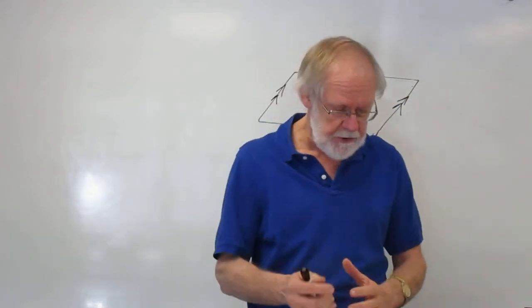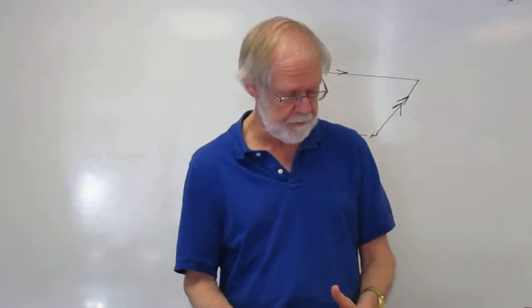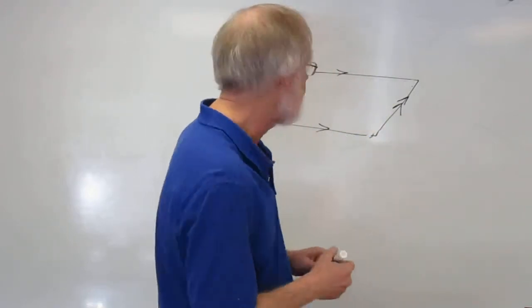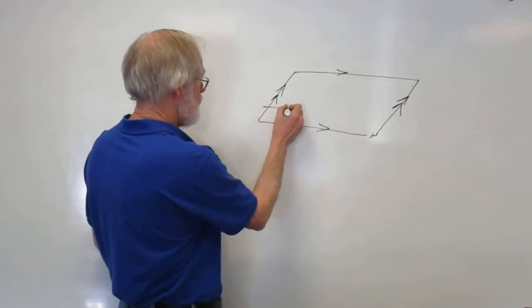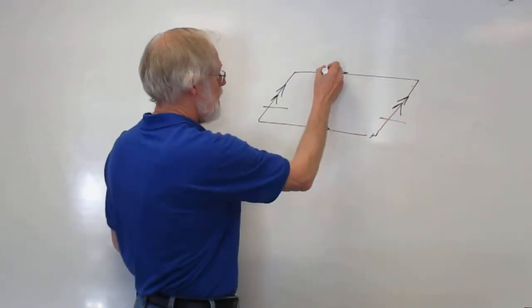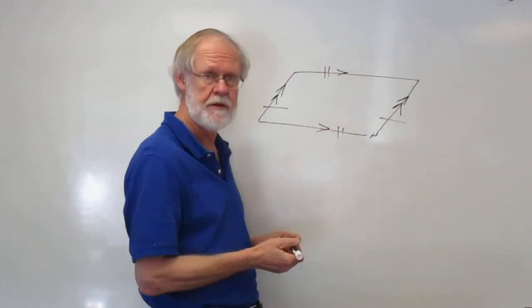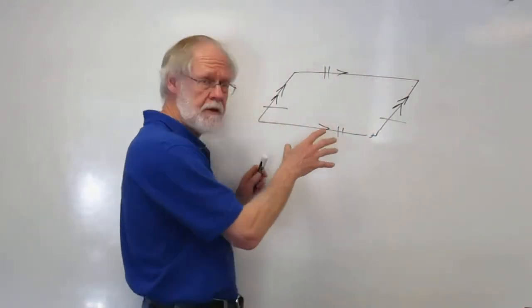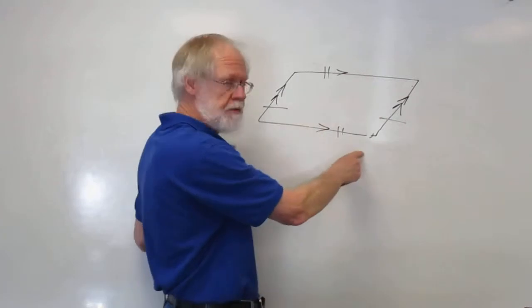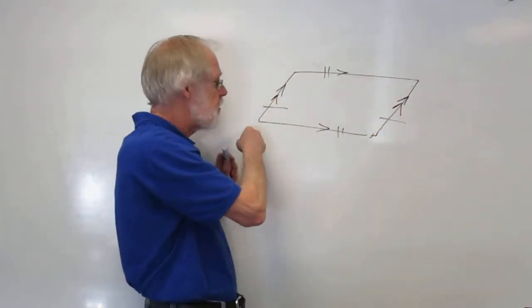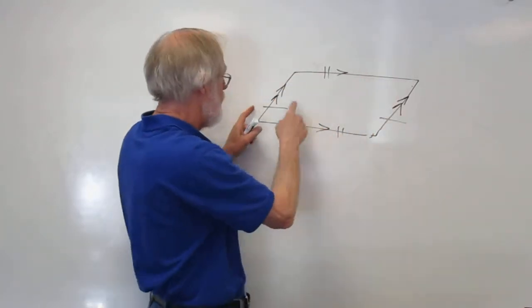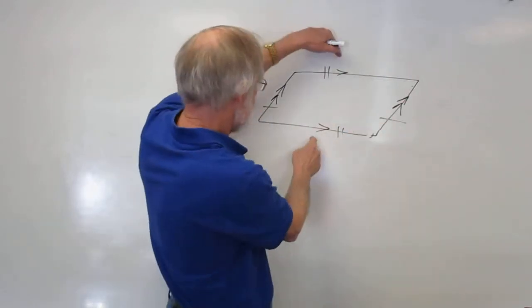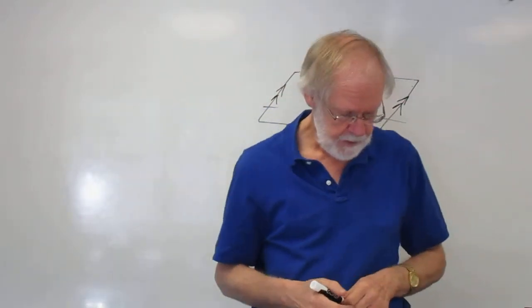But first, let's look at some of the specific properties of parallelograms. If a quadrilateral is a parallelogram, then its opposite sides are congruent. So this side is congruent to this side, and this side is congruent to this side. So, if it's a parallelogram by definition, that is, these two sides are parallel and these two sides are parallel, then you also know that these two sides are congruent and these two sides are congruent.